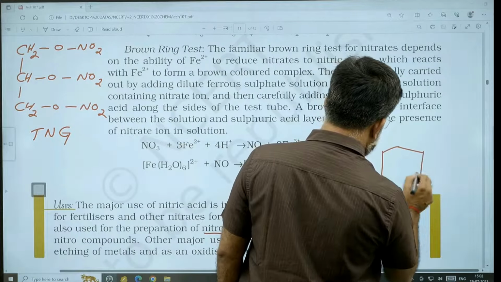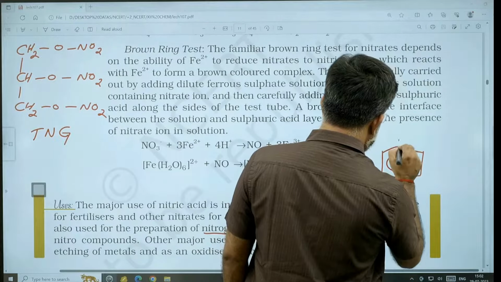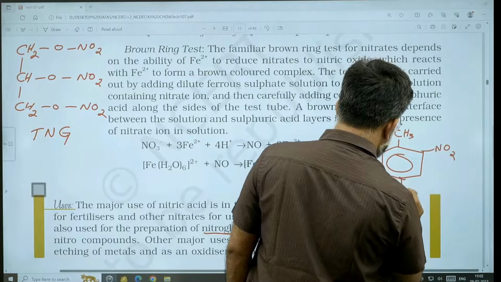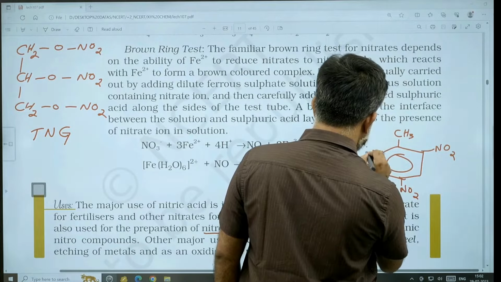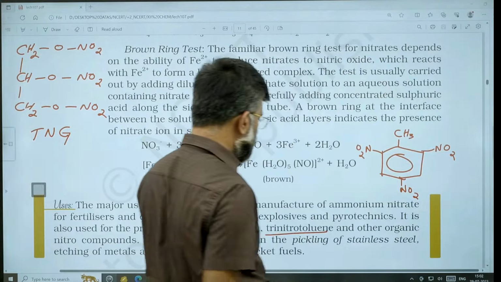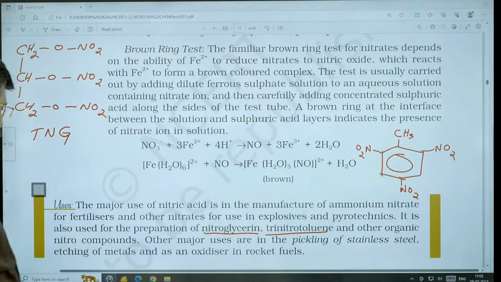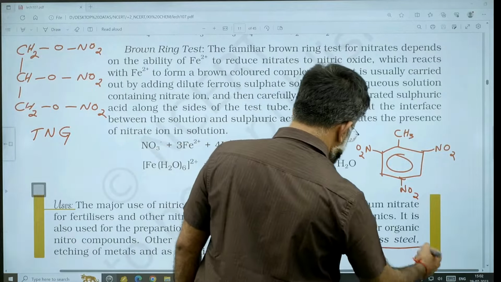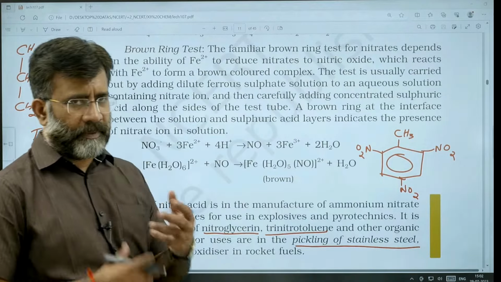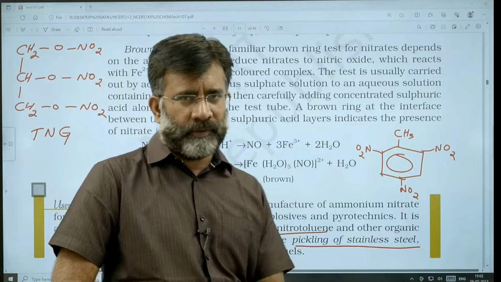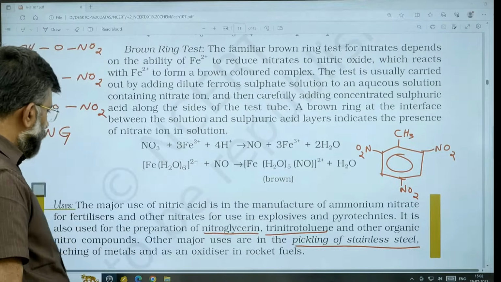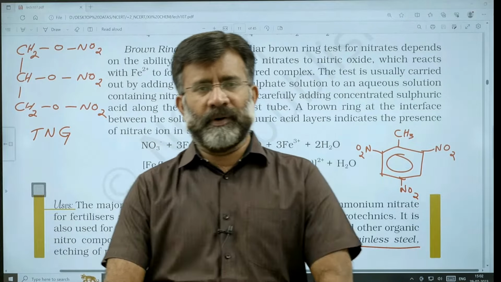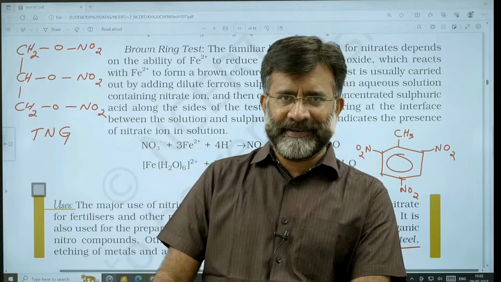All of you know this is toluene and this is trinitrotoluene, TNT, and other organic nitro compounds. Also pickling of stainless steel, a surface cleaning process during the preparation of stainless steel, using nitric acid. Various such uses are commented.